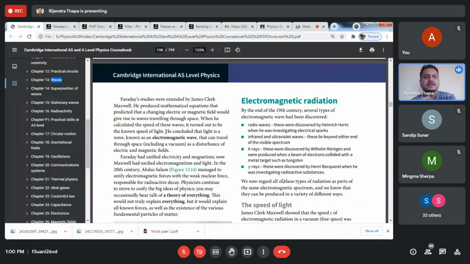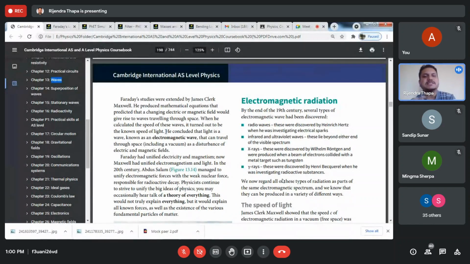So the wave created by the oscillation of charged particles or by the fluctuation in the magnetic field travels through space with a speed equal to 3.00 times 10 raised to the power 8 meters per second, and that is the speed of light.